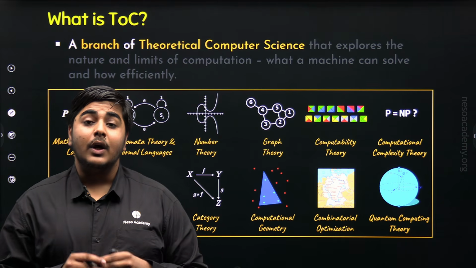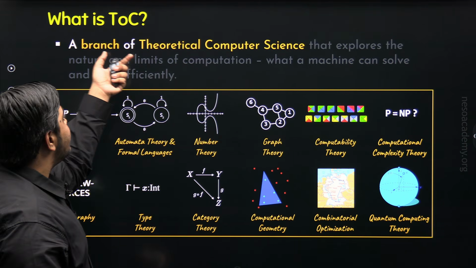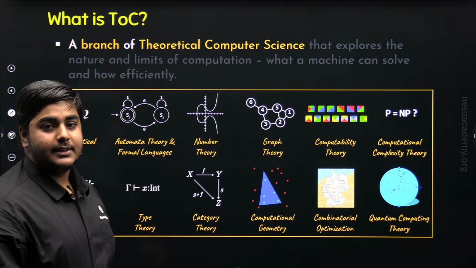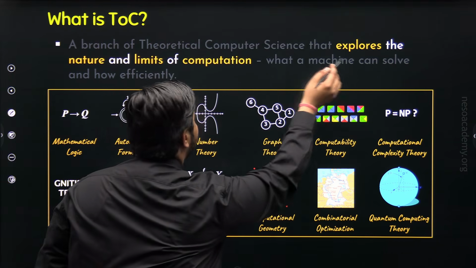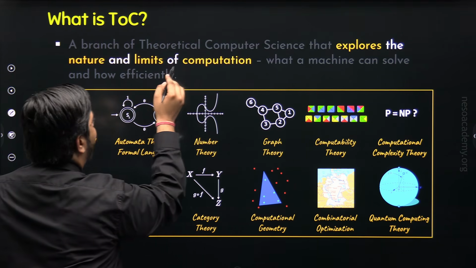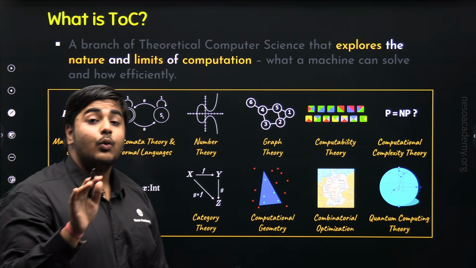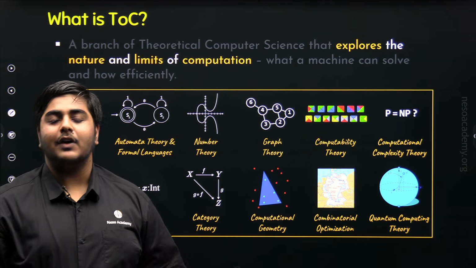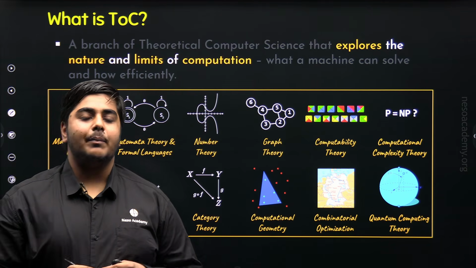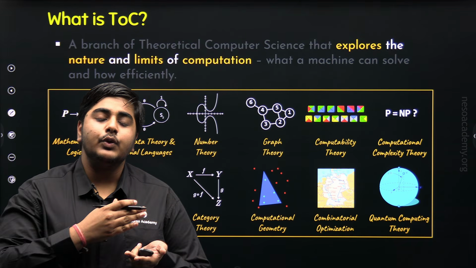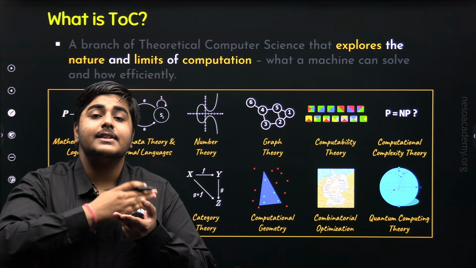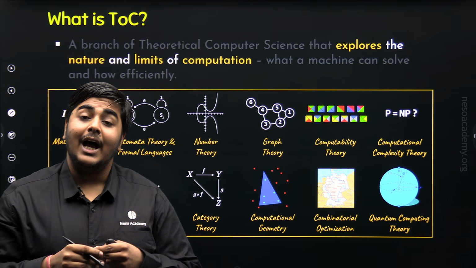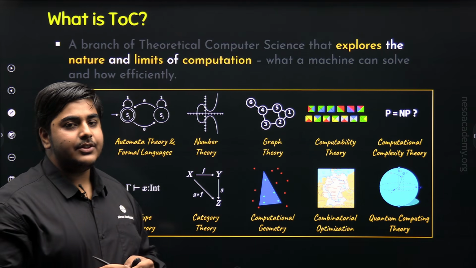Till now, we know that TOC is the branch of theoretical computer science that explores the nature and limits of computation. Now, what is the nature and limits of computation? Nature of computation means how computers solve a problem using a step-by-step approach. And what is limits of computation?